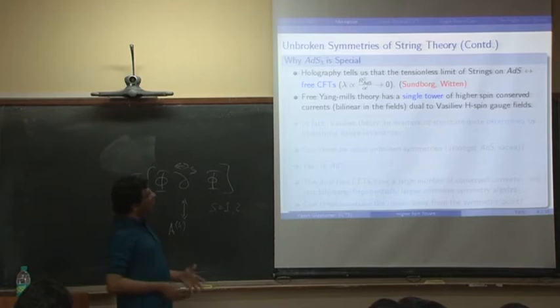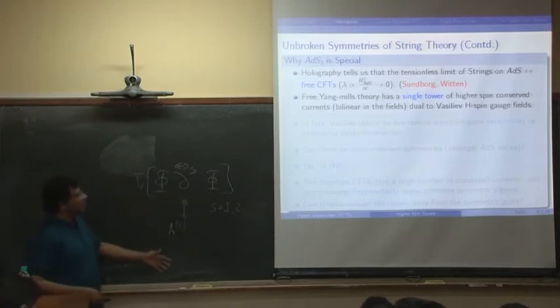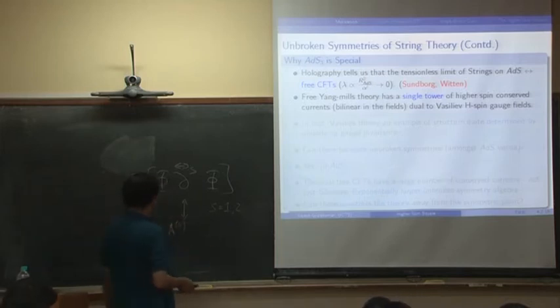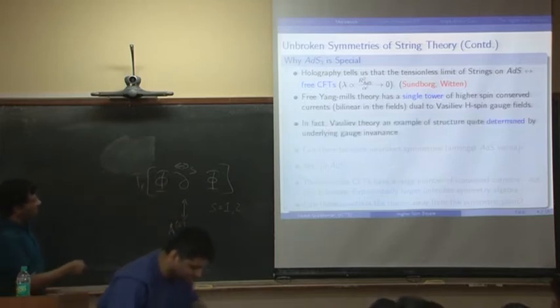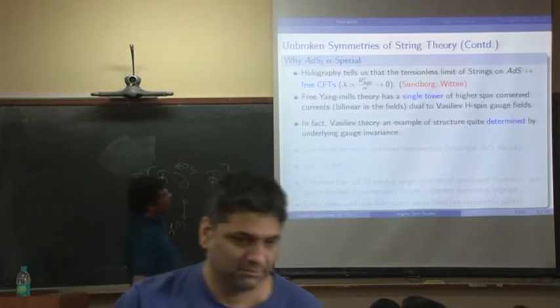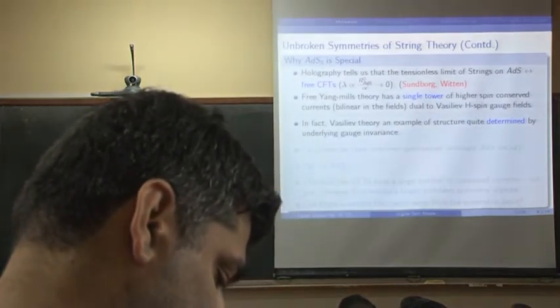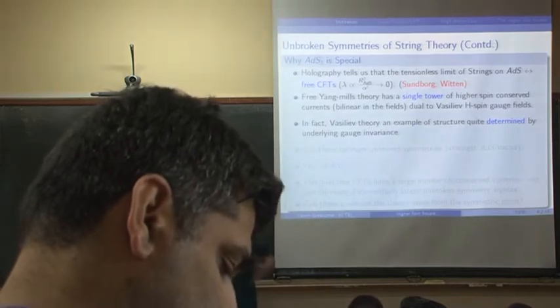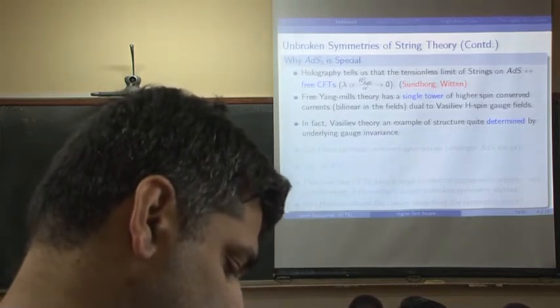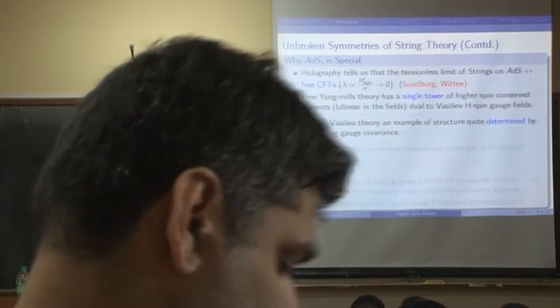In fact, it was not even clear that there is a consistent interacting theory of all these fields. And in a way, you can say the Vasiliev theory is a prime archetype of a structure which was quite determined by this underlying gauge invariance.